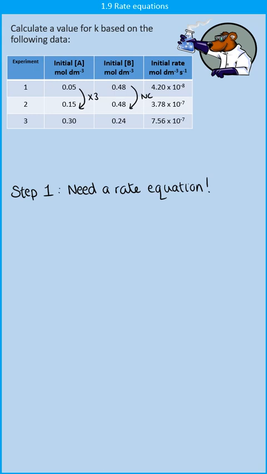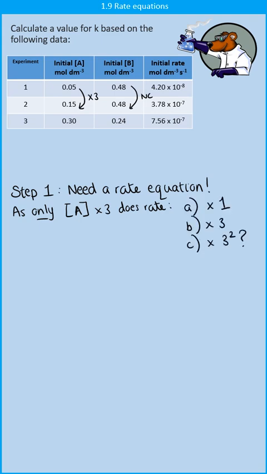Now, as you know, for A-level chemistry, there are only 3 possible options available to me. As my concentration of A has tripled, has the rate not changed at all, in which case we would say it is 0th order with respect to reactant A? Has it also tripled? Because if something is first order, then if we double the concentration, the rate will double. If we triple the concentration, the rate will triple.